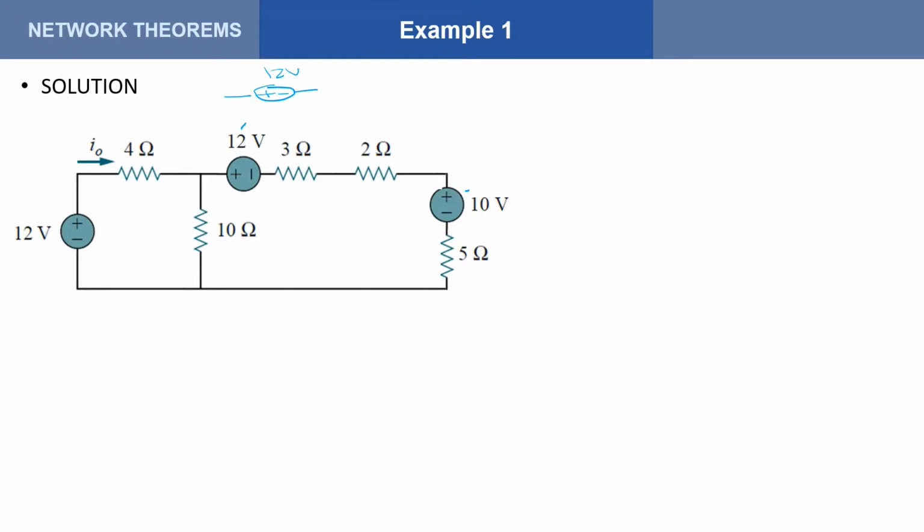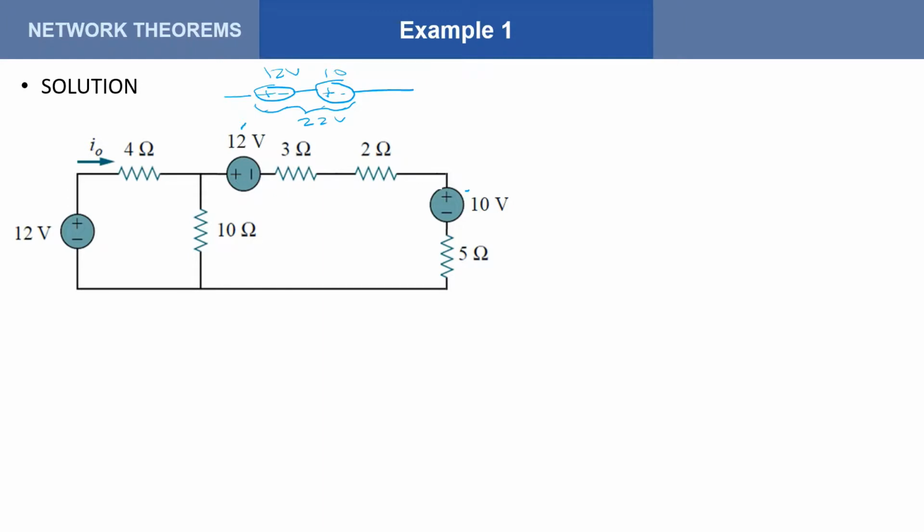We can actually transfer the 10 volts near the 12 volts, and you will notice that they are in series. Okay, so plus, minus, plus, minus, they are not only in series, they're also additive. So if we combine, this will become 22 volts.